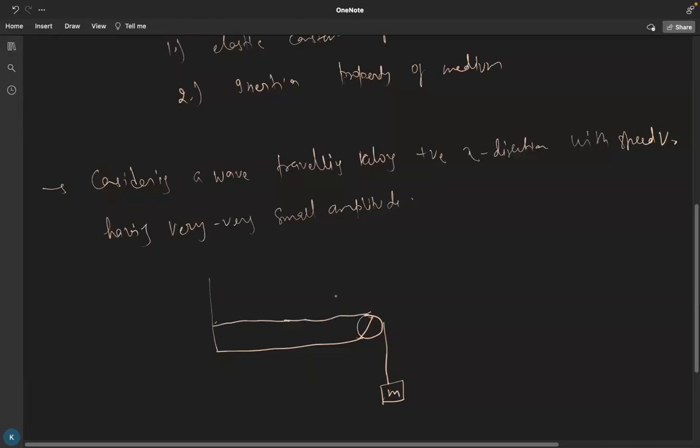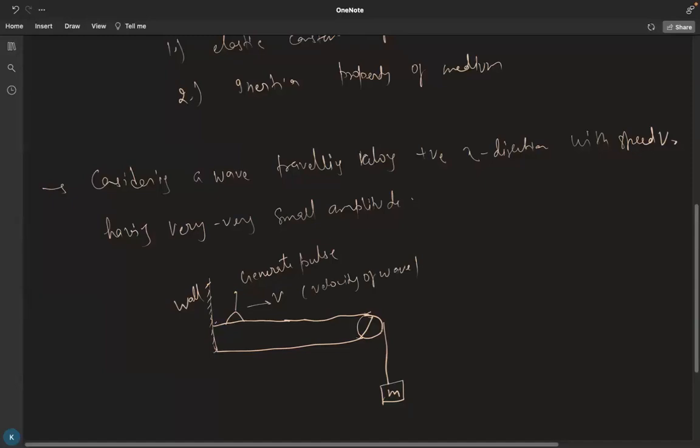And this is our wall. I generate a pulse here. This pulse moves with a velocity v, which is the velocity of the wave, right? I hope it is clear to all of you what I'm trying to say.